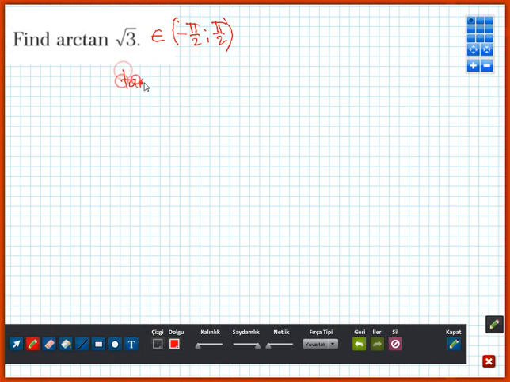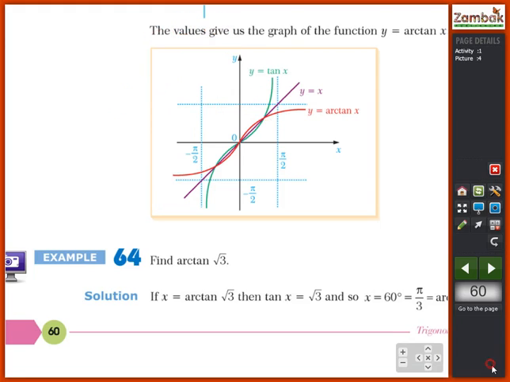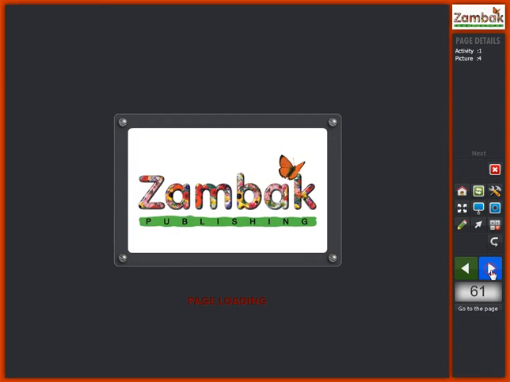That means tangent x is equal to root 3, and arctangent root 3 is x, and x must be between minus 90 and plus 90. That angle is 60 degrees, pi over 3, which is between minus 90 and plus 90. Okay, let's solve another example.